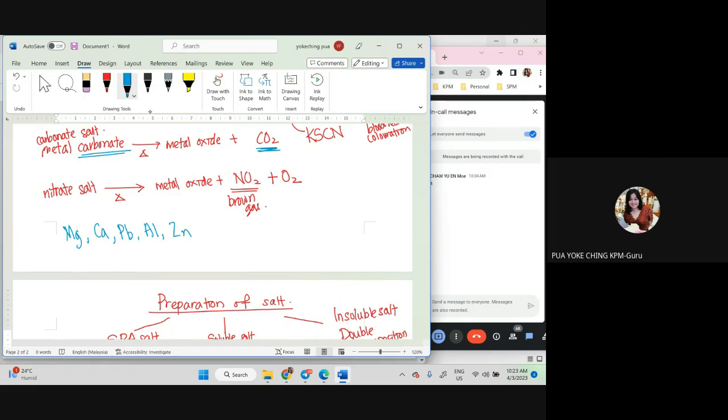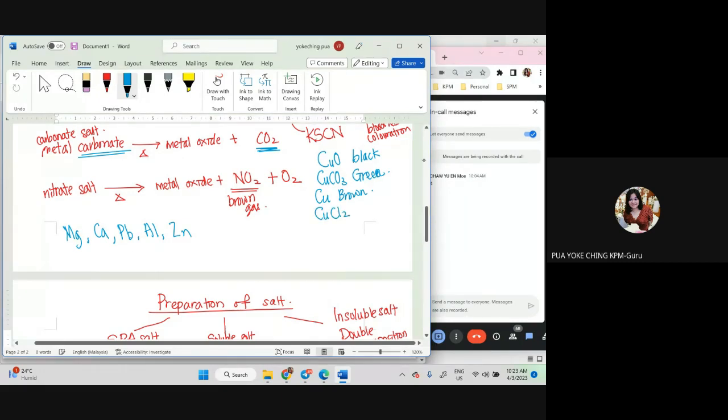And then, beberapa yang ada warna: CuO, warna dia hitam. CuCO3, warna dia hijau. Cu, warna dia brown. Cu yang lain biasanya blue. Okay, if you have CuCl2, you have CuSO4, ini warnanya blue.